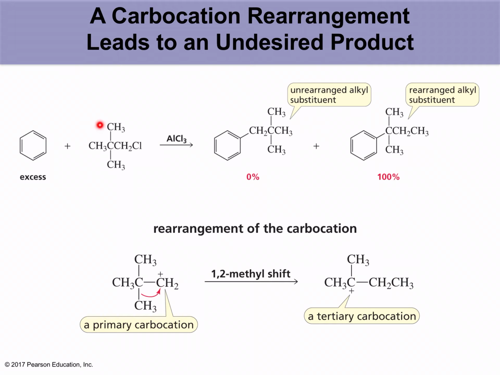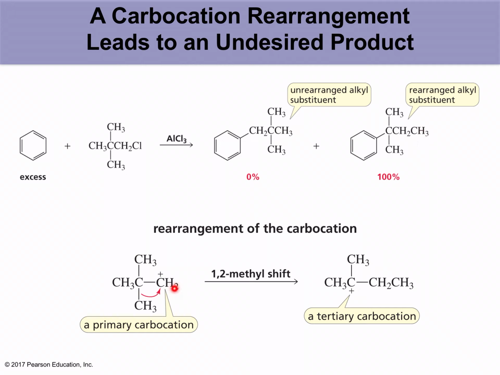We have a tertiary butyl group, but here CH2Cl. So this carbon is going to be primary once the chloride is lost. Then we would expect the chloride will leave and you generate the primary carbocation. If that is the one that is going to react with the benzene ring, this is the corresponding product. But it is only 0%, which is the unrearranged alkyl substituent. But 100% of the rearranged alkyl substituent is attached to the benzene ring.